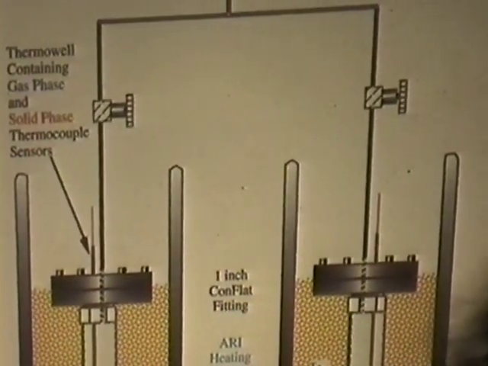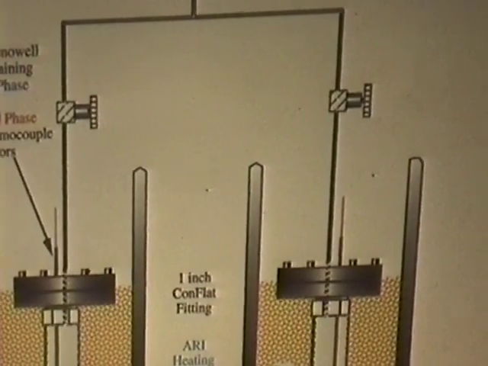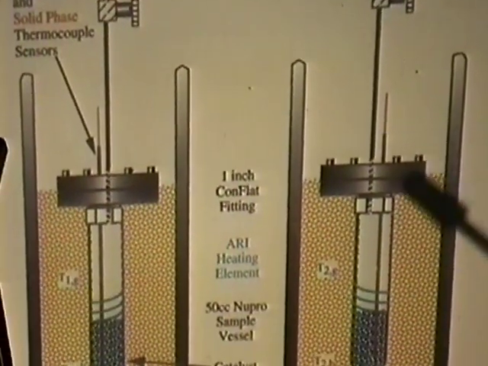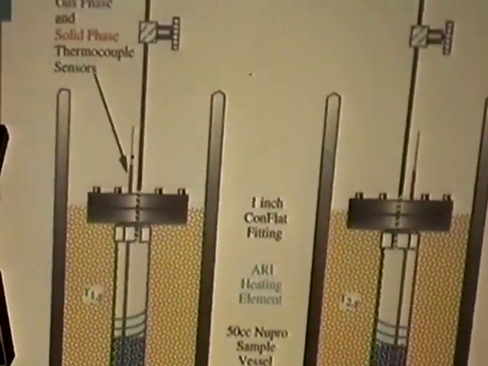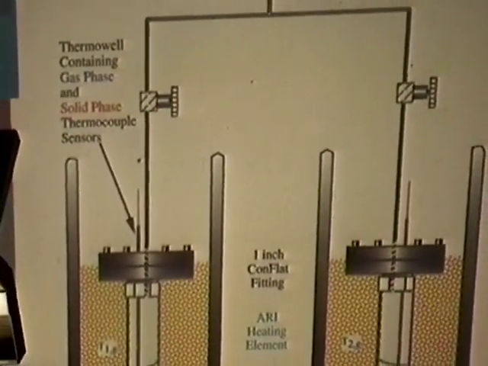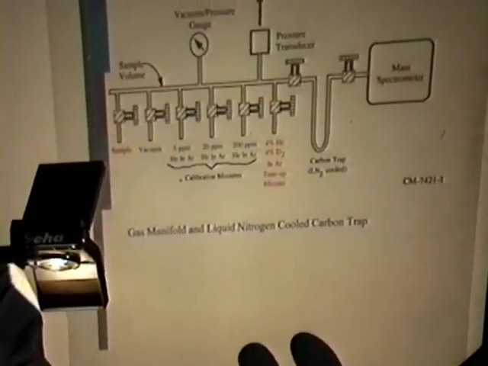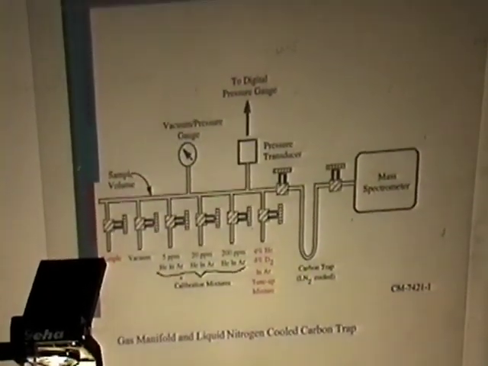We have a thermowell into which we can insert a series of thermocouples to measure the temperature gradient in the axial direction. This gas line now terminates at a sample manifold. The gas manifold looks somewhat as shown here.